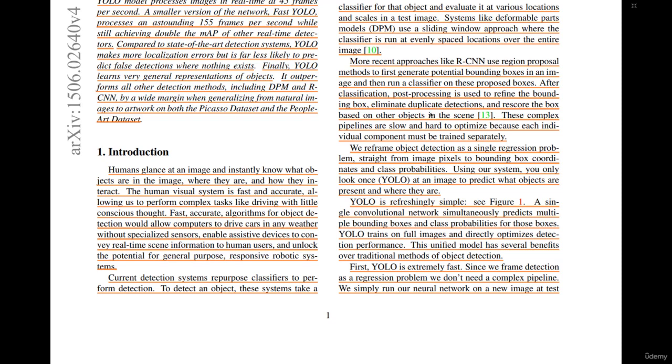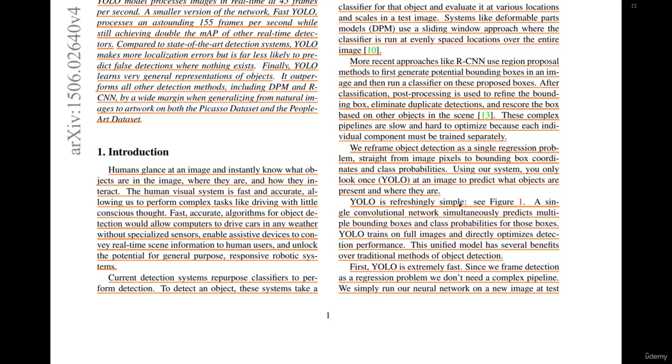So what has been done previously wasn't end-to-end, but now we have YOLO, which is a single-stage end-to-end object detection system where we have images as input, we have the outputs, and then we just train the model without having to do any pre-processing as compared to the RCNNs. But it should be noted that the RCNNs have evolved today and we have faster RCNNs. They reframe object detection as a single regression problem. We've seen this already.